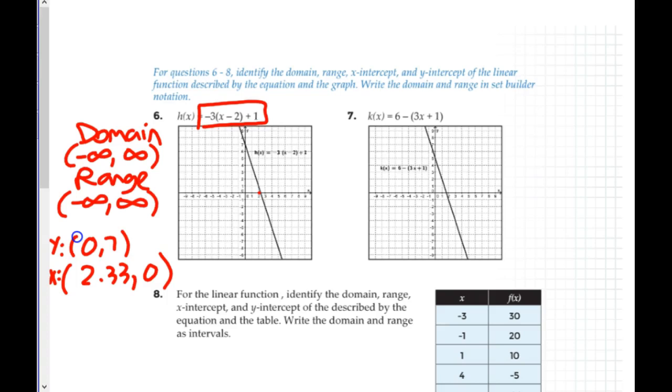Alright, 7, again the domain, range, x-intercept. So let's plug this in.